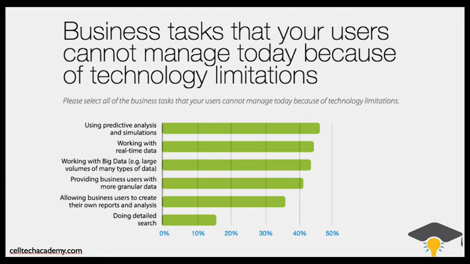They cannot do it right now. Working with real-time data, close to 45% are not able to get real-time data. Working with big data, that is a large volume of many types of data, again it's over 40%.